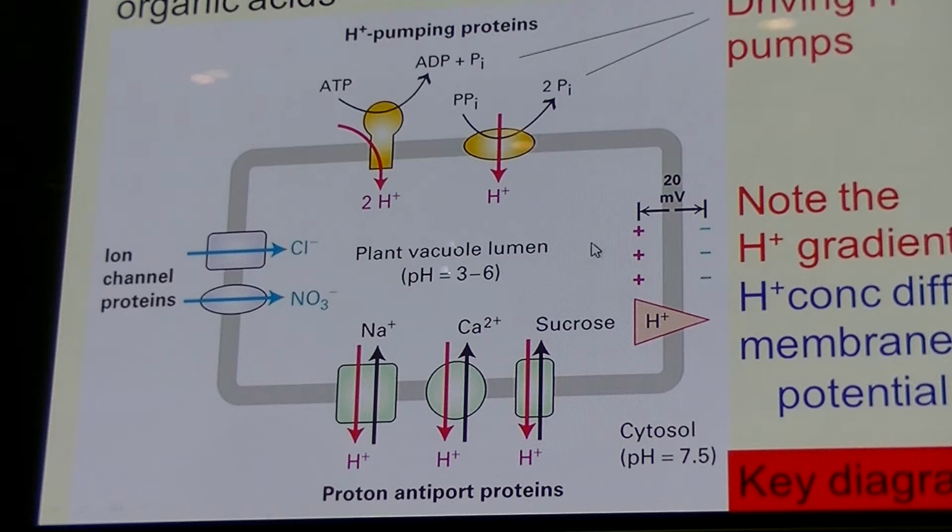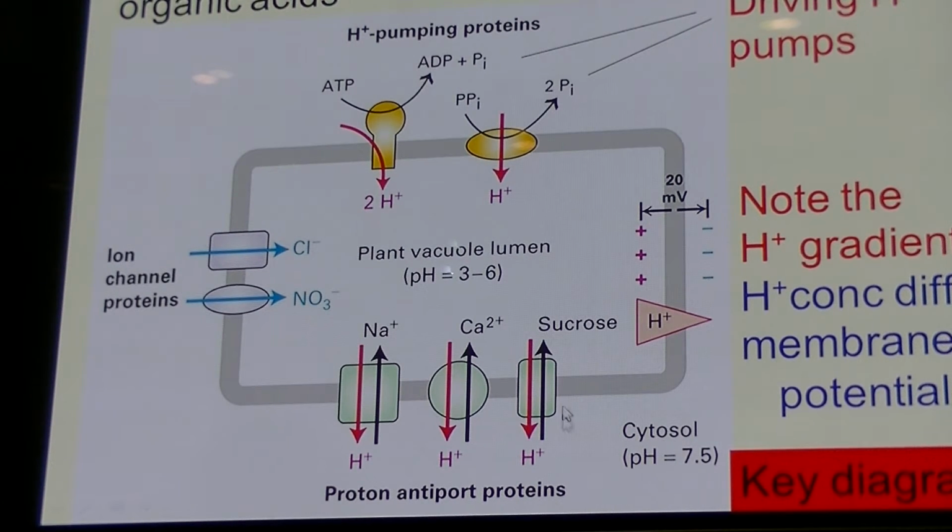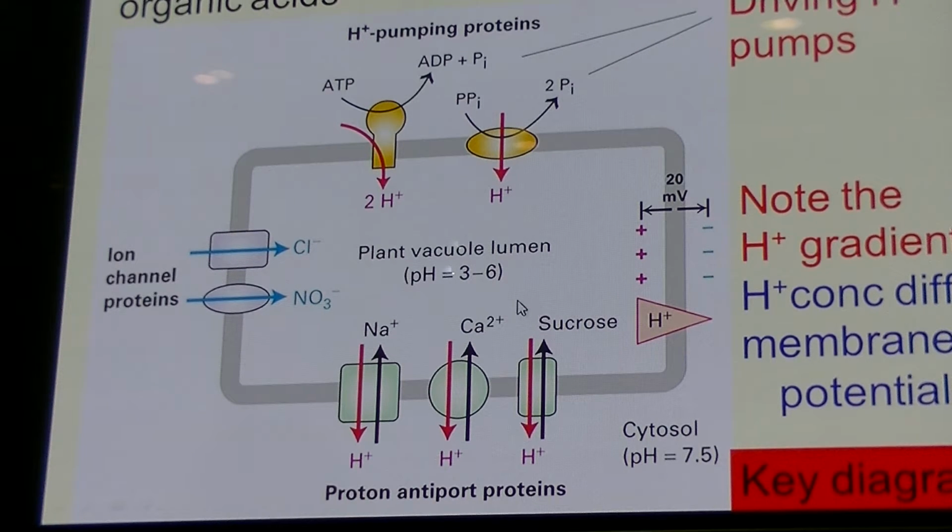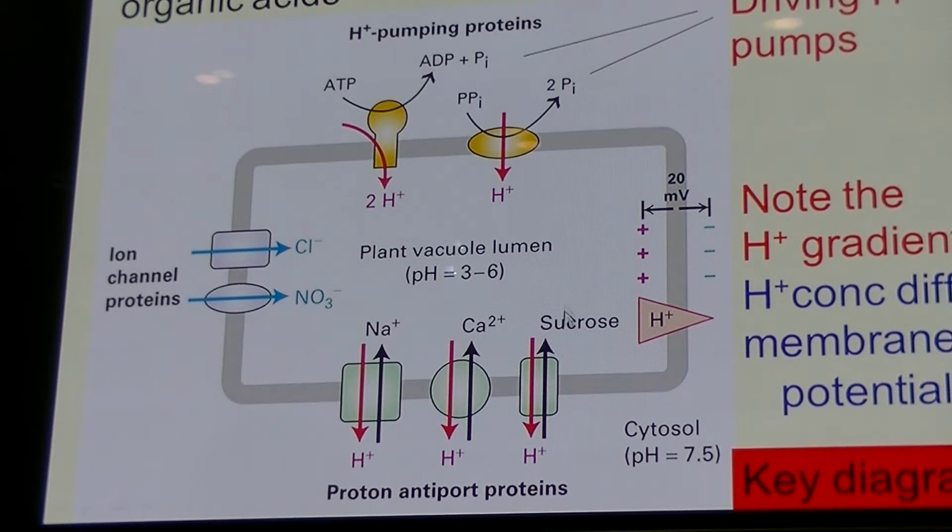Sucrose is uncharged, so it's not touched by the membrane potential. So sucrose is unfavored by concentration, but because protons are very favored by concentration and membrane potential, sucrose together in this antiport system can get in.